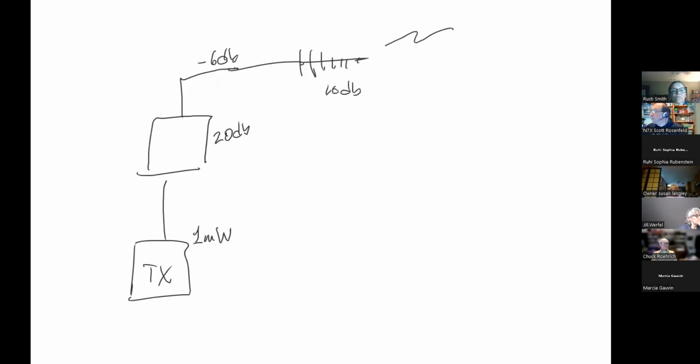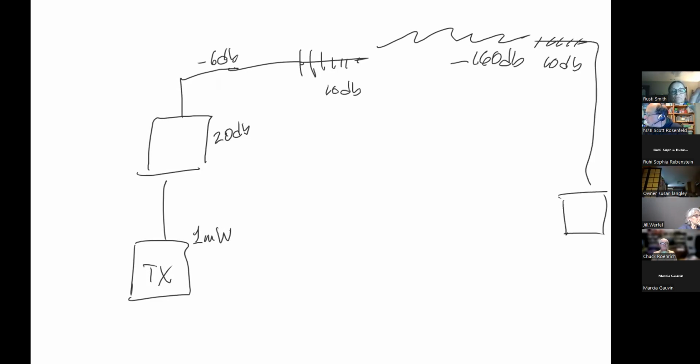It then travels through space, which has a loss of minus 160 dB, to another antenna that has a gain of 10 dB. Perfect cable down to a receiver, which has a sensitivity of minus 120 dBm. Okay, so dBm, that's actually compared to a milliwatt, so there's our baseline.